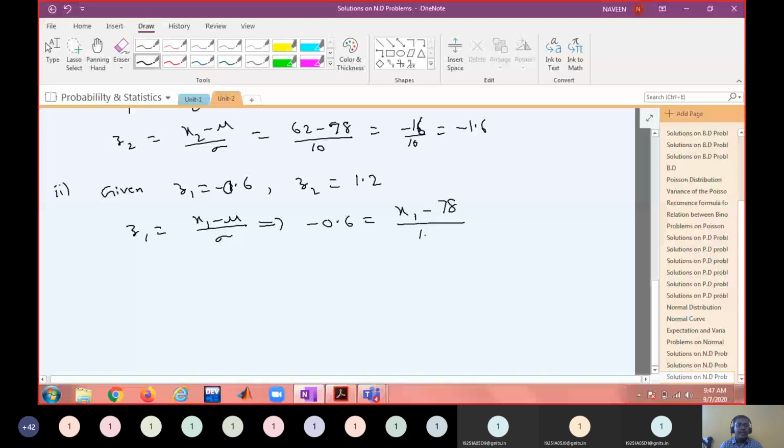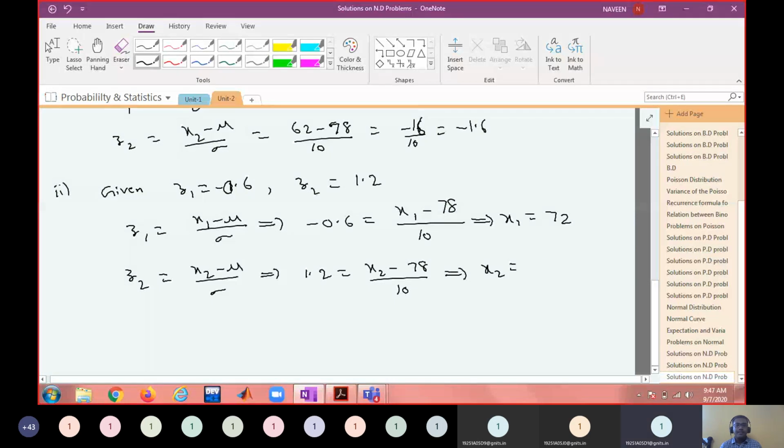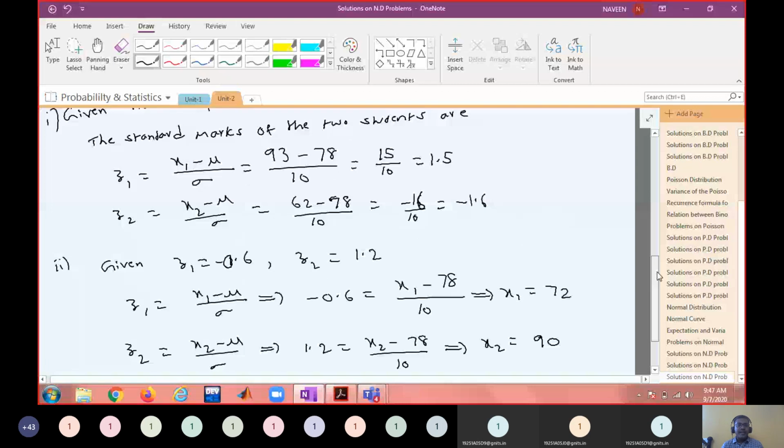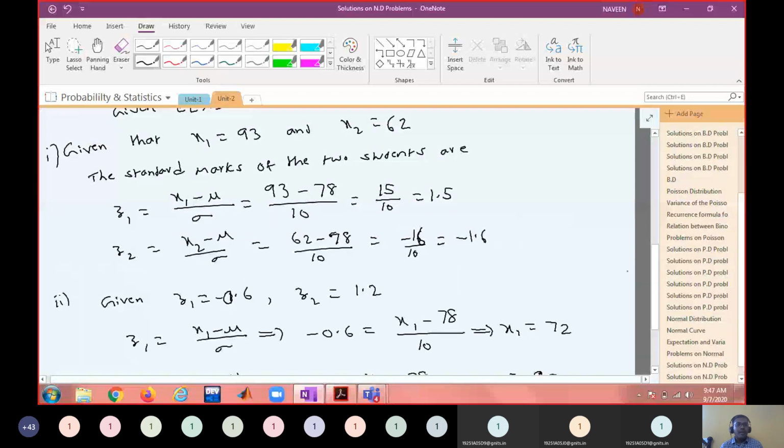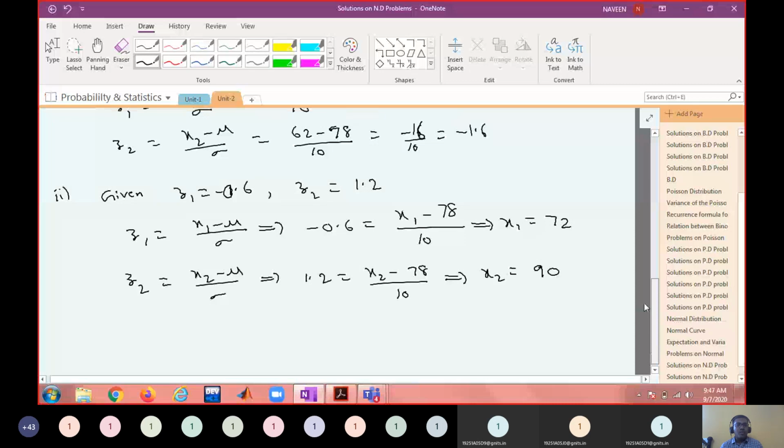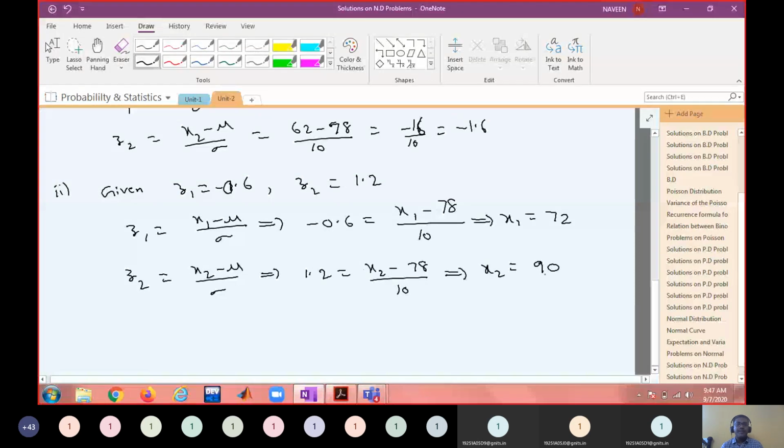And Z2 is X2 minus 78. This implies that 1.2 equal to X2 minus 78 by 10. So from this, what is X2? 90. So this is a problem which gives us practice in finding standard scores when scores are given, or finding the scores when standard scores are given.